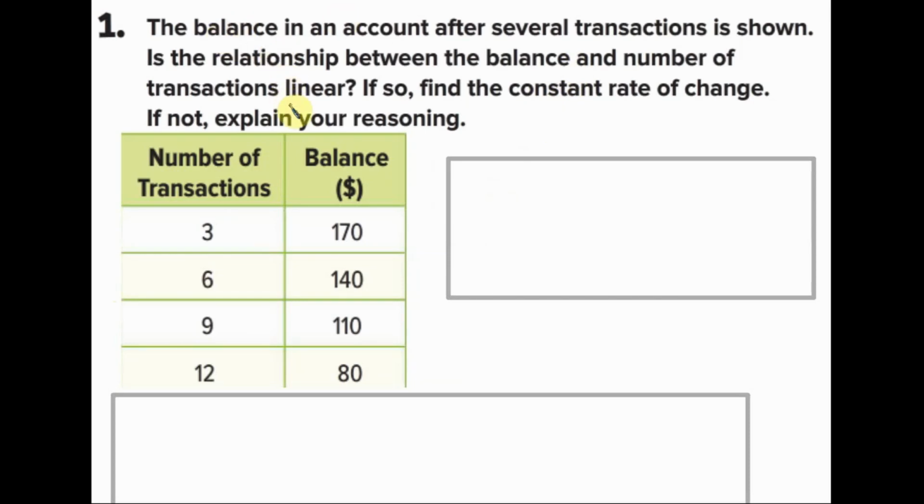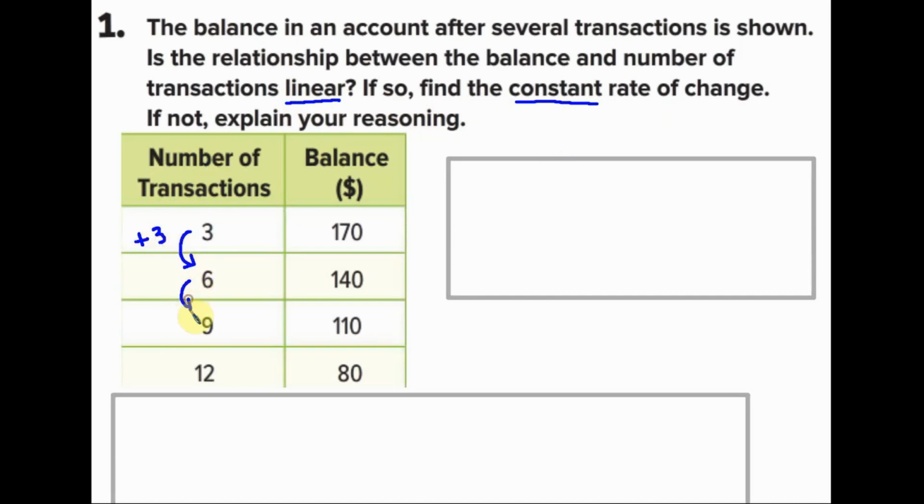So in order to be linear, you need to find whether it's going to have a constant rate of change or not. If it doesn't have a constant rate of change, then it cannot be linear. So for example, by looking at this table, the number of transactions: the first number starts with a 3, becoming 6. From 3 to 6, I notice that my number increased by 3.